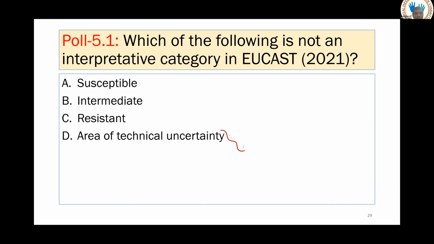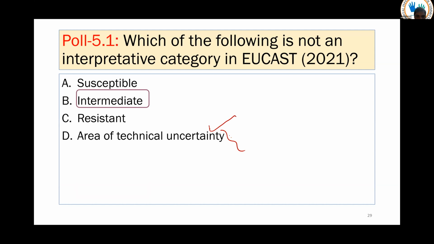Which of the following is not an interpretive category according to EUCAST? Intermediate is the answer. It is not area of technical uncertainty; that is an interpretive category of EUCAST. There is no intermediate category in EUCAST.